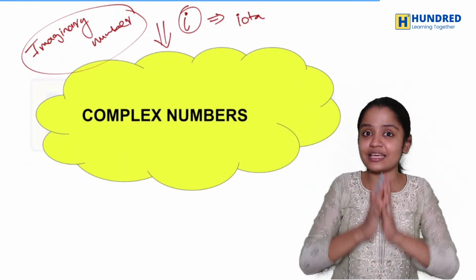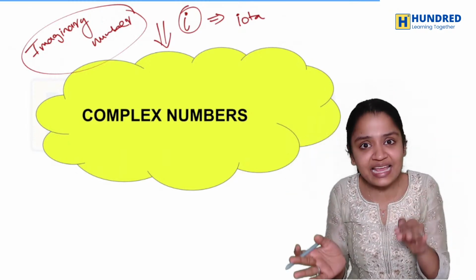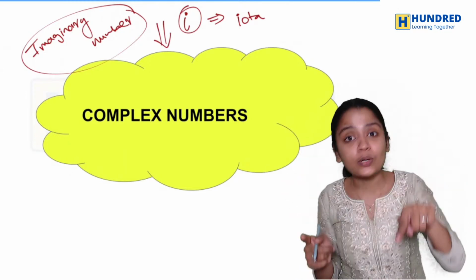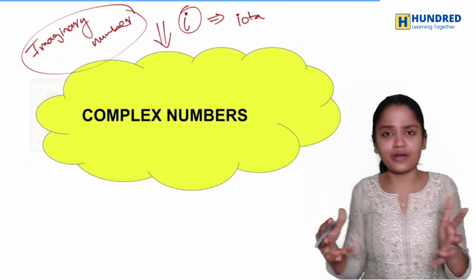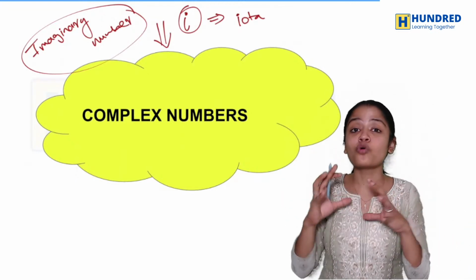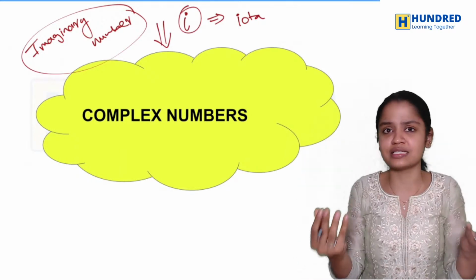So basically, your universe is your complex number. Inside that you will have the real number, and inside the real number you will have your natural numbers, whole numbers, and integers.